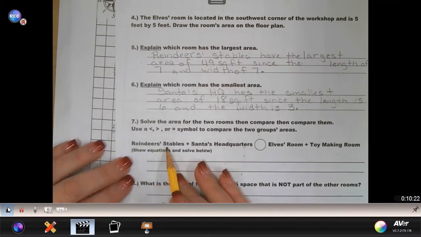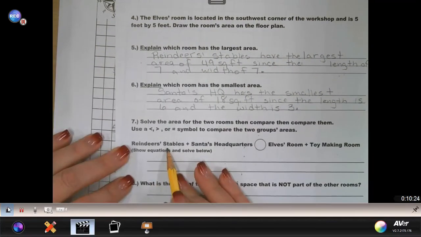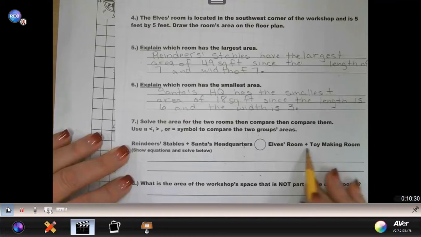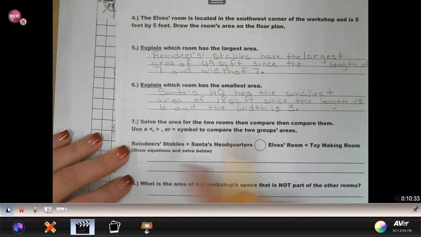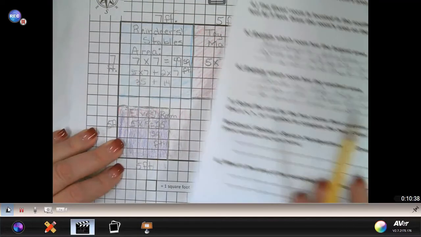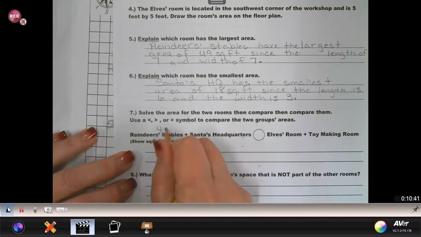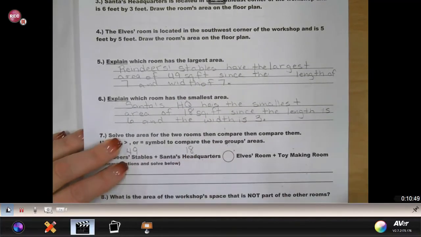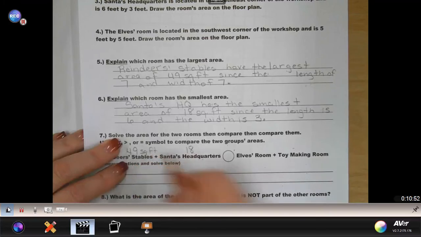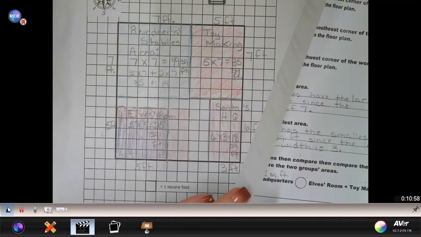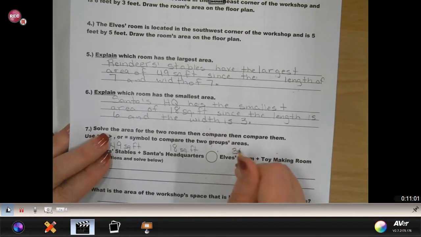Now they want us to take the reindeer stables area and Santa's headquarters and compare it to the elves room plus the toy making room. So if I come back to the reindeer stables are 49 square feet. The Santa's headquarters are 18 square feet. The elves room is 35 square feet.